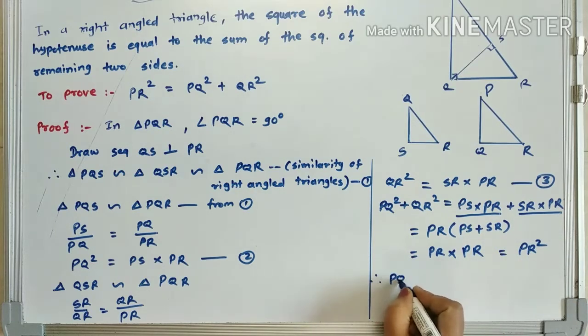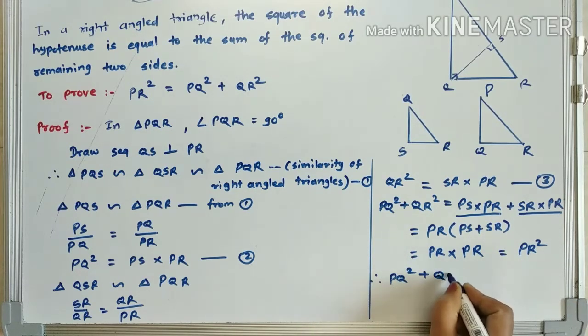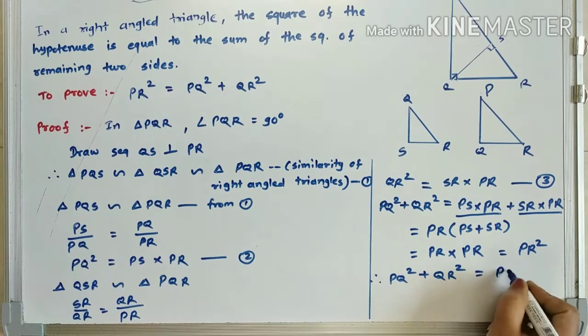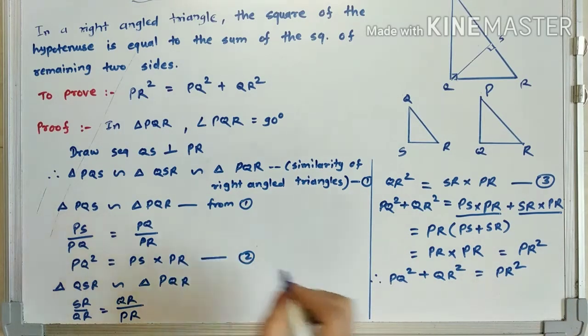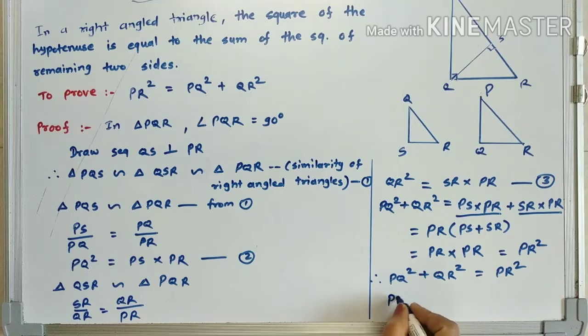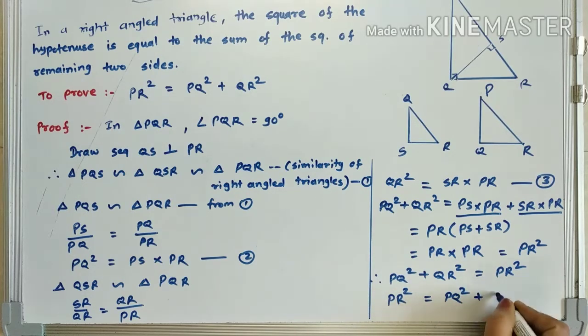Therefore PQ square plus QR square equals PR square. This is the Pythagoras theorem. PR square equals PQ square plus QR square.